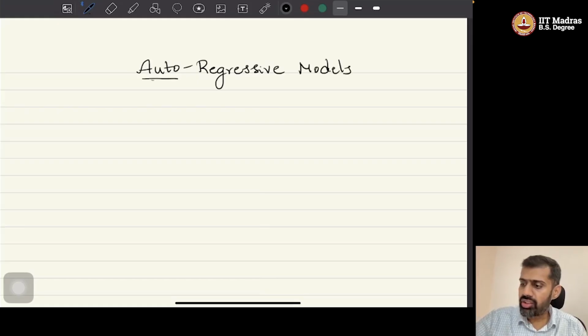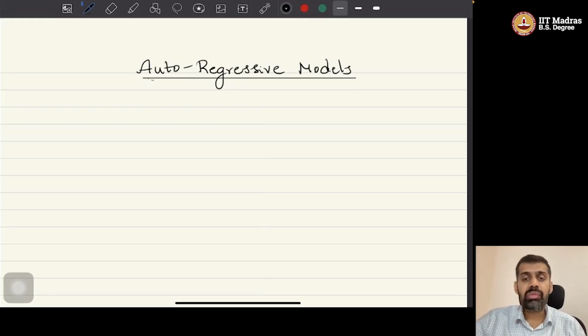Now, these auto-regressive models are historically well known to be used in multiple tasks such as time series analysis and handling sequential data, and so on. Examples of these auto-regressive models historically have been the classical linear prediction or AR models or ARMA, auto-regressive and moving average models, and so on.